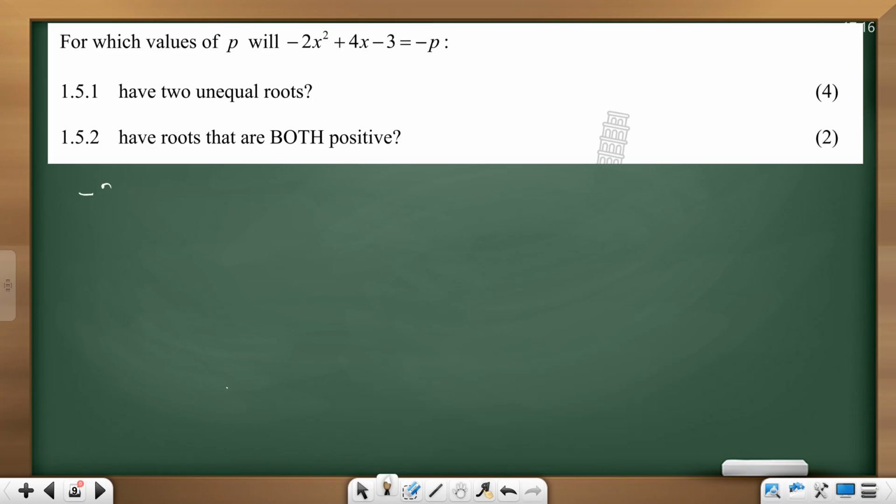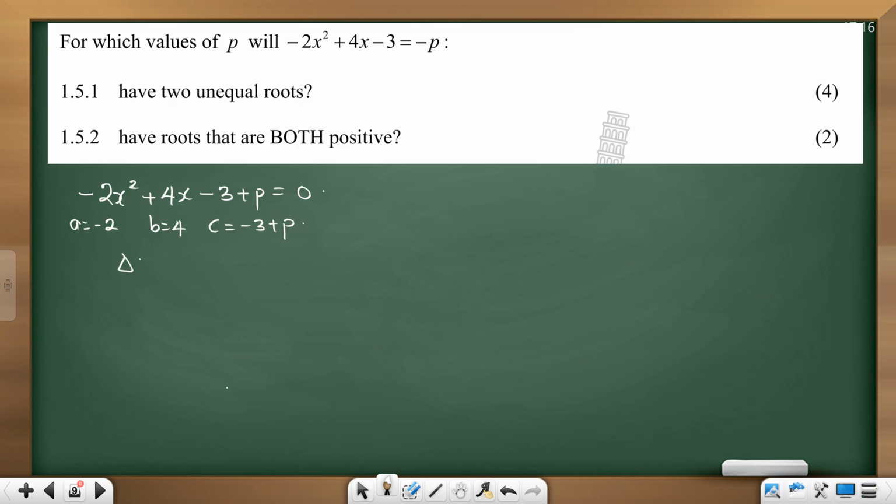Guys, before I answer the question, I have to say it is equal to 0, so that my A is -2, my B is +4, and my C is that. Okay, ax squared plus bx plus c. Arrange them. They said two unequal roots.